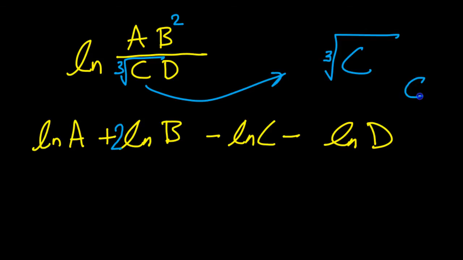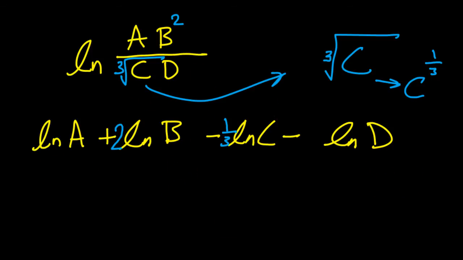Okay, the cube root of C is the same thing as C to the 1/3 power. So on the C, this cube root would be like having a 1/3 right there. But again, that 1/3 is going to end up in the front though. Okay, so this would be the final answer to my little made-up question.